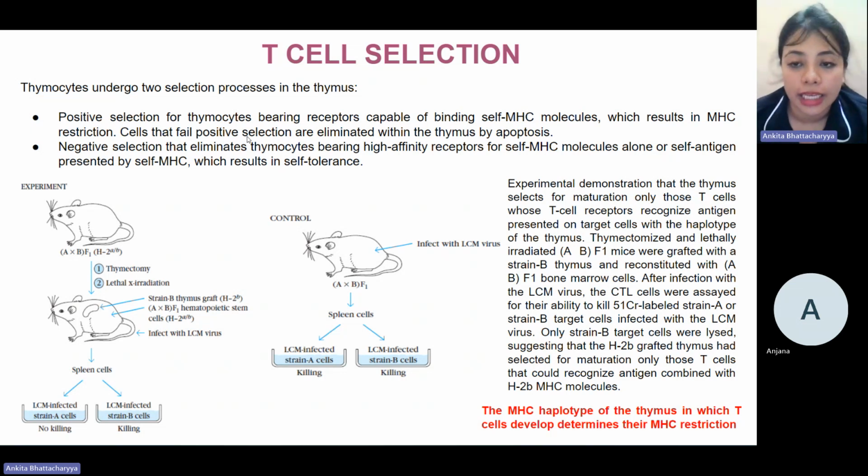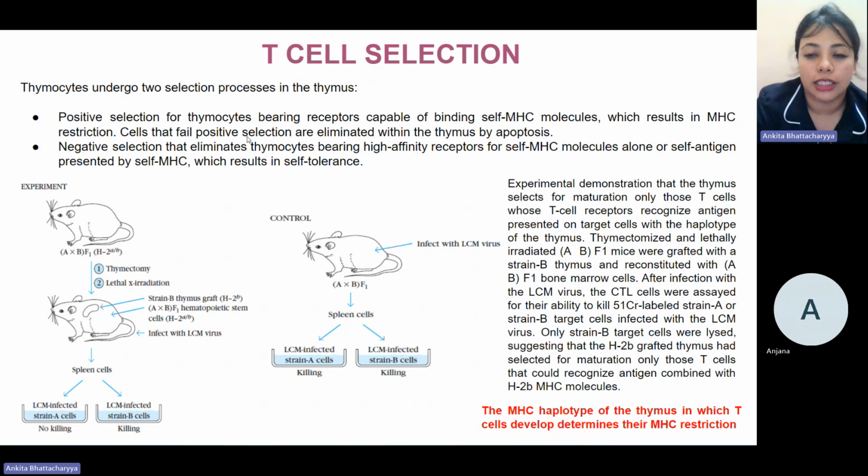Thymectomized and irradiated F1 generation mice were grafted with the strain B thymus. So basically, you are irradiating these mice and then you are transplanting them with the thymus of strain B, and you reconstitute with F1 bone marrow cells.